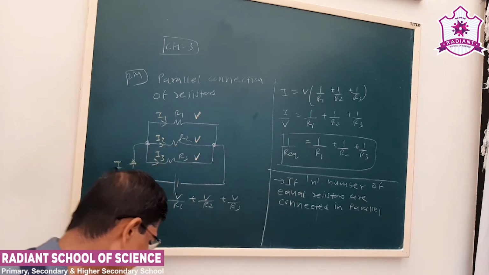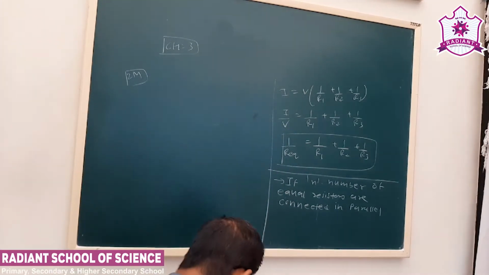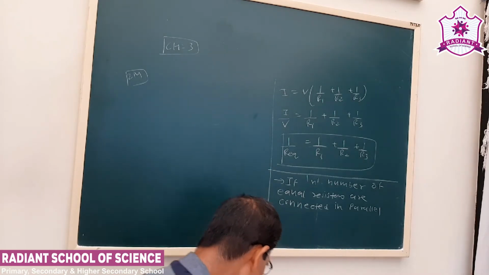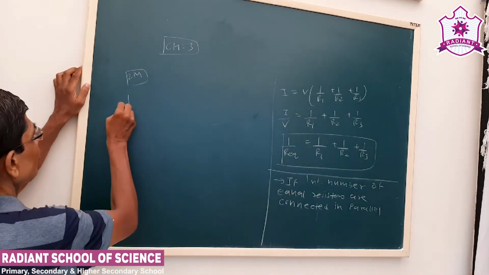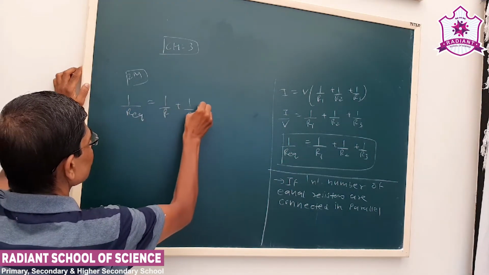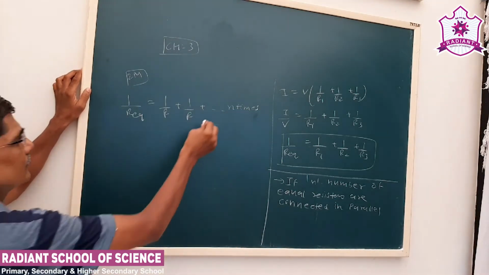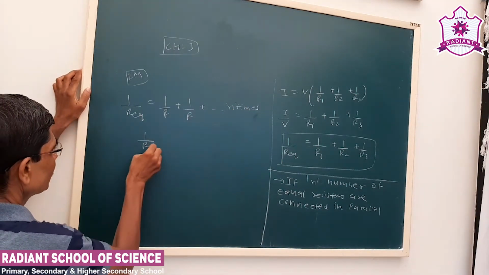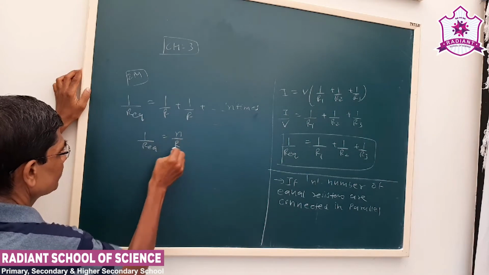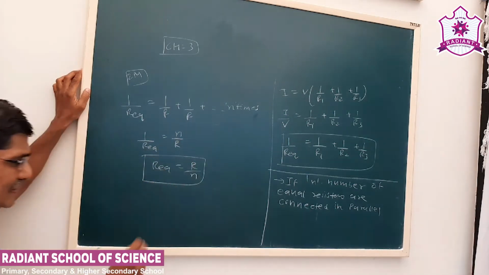Okay, let us say n number of equal resistances are connected in parallel. So 1 upon R equivalent is 1 upon R, n times. Okay. So in that case 1 upon R equivalent is n by R. Okay.